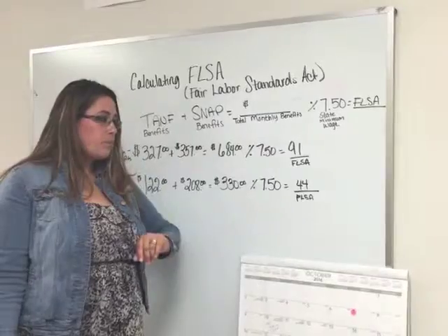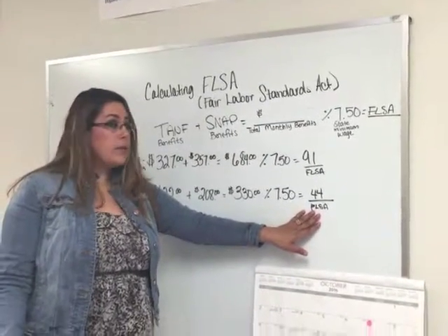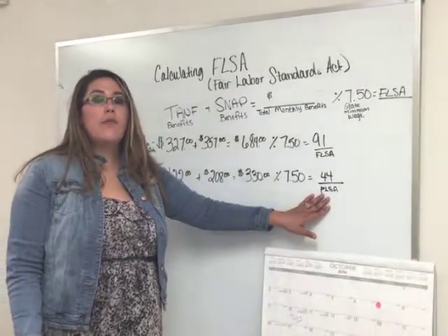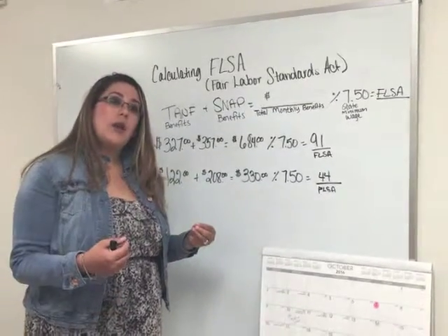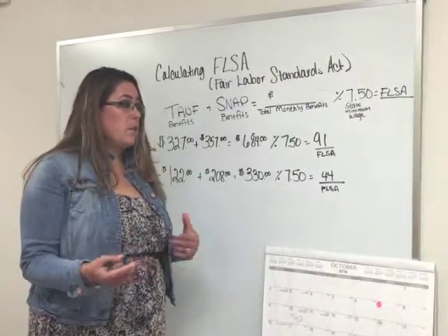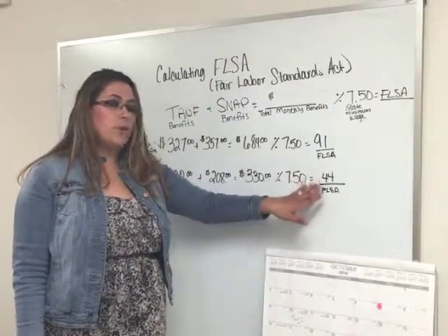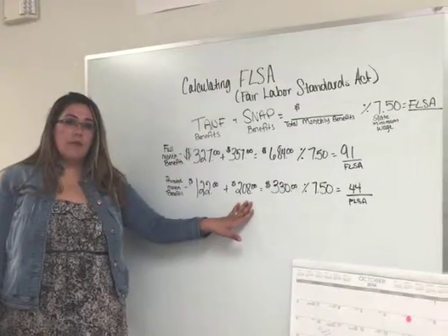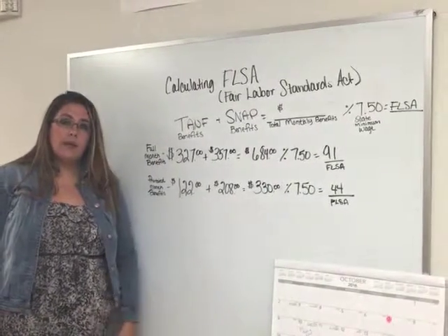And so if the participant was placed in work experience or community service, and that was their activity for that month, the most that they could be completing in terms of hours would be 44, because of the lowered amount of benefits that were paid out to them for that month.